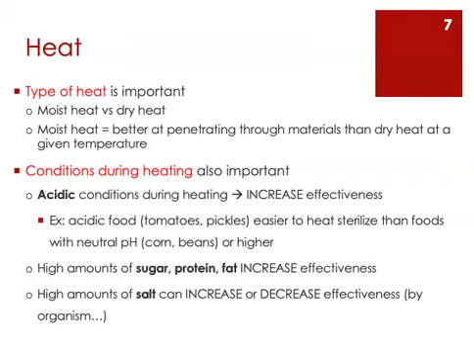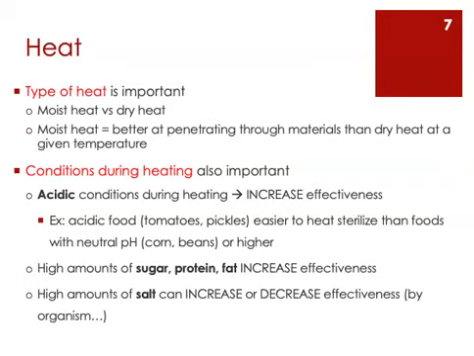When it comes to the use of heat in controlling microbial growth, it turns out that the type of heat is very important. And by type, I mean moist heat versus dry heat. It turns out that moist heat is a better choice for controlling microbial growth, and that's because the moisture will help penetrate materials better than dry heat application at any given temperature.